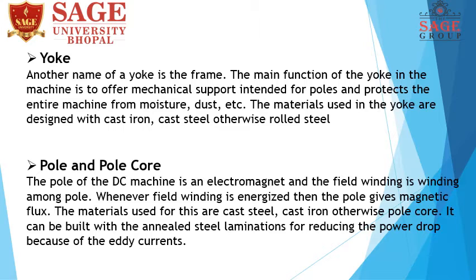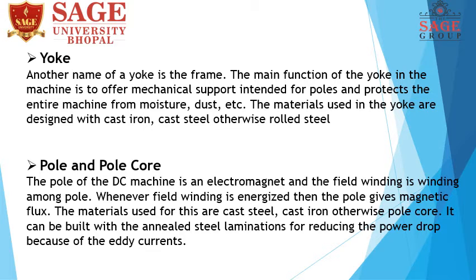First is the yoke. The yoke is the frame, and its function is to offer mechanical support to the machine and protect the entire machine from moisture, dust, etc. The material used is cast iron and cast steel.